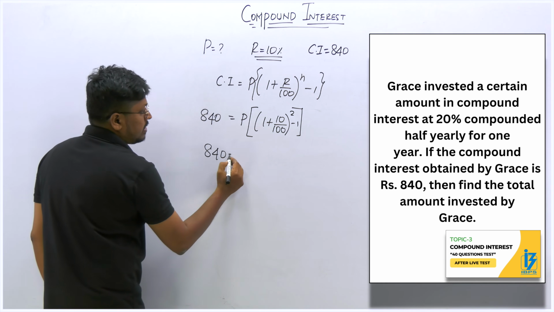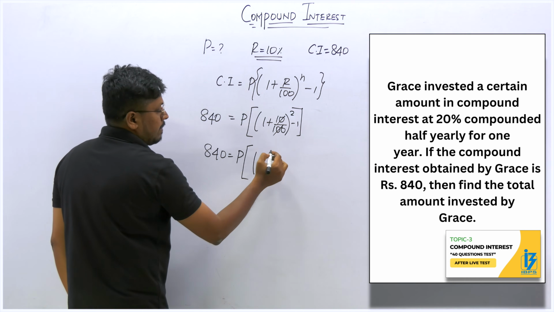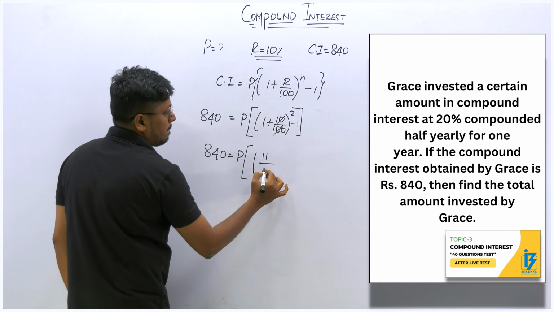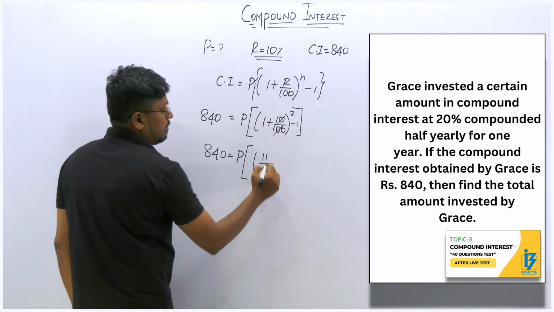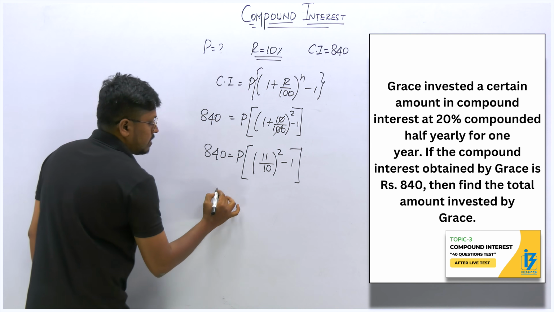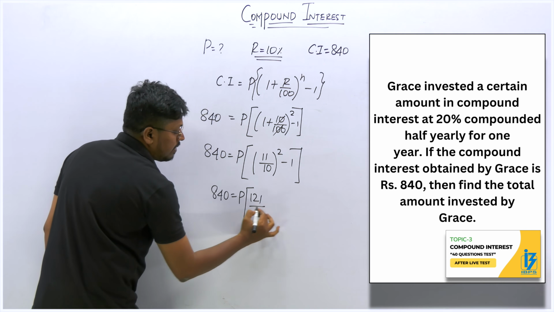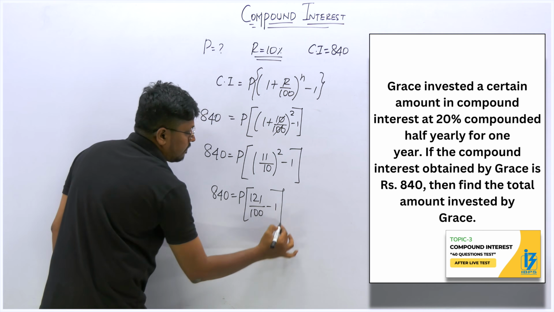So 840 is equal to P into, we can cancel it, 1 by 10, which will be 11 by 10, since 10 plus 1 will be 11. So 11 by 10 the whole square minus 1. So 840 is equal to P into 121 divided by 100 minus 1.